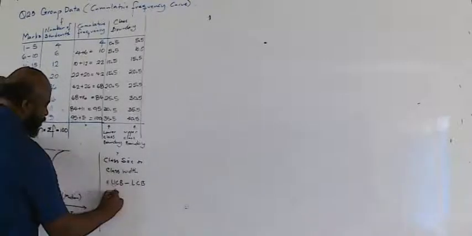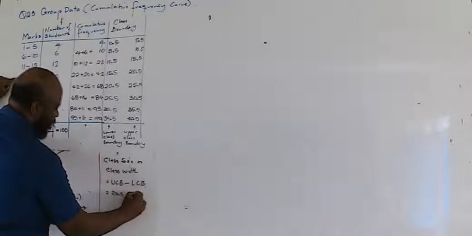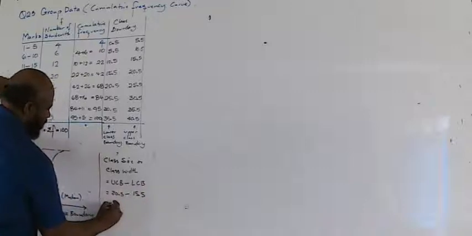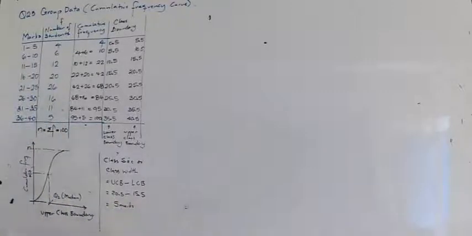We can use any group to do it. We could use this group: 20.5 upper minus 15.5 lower is 5 marks. So the class width is 5 marks.